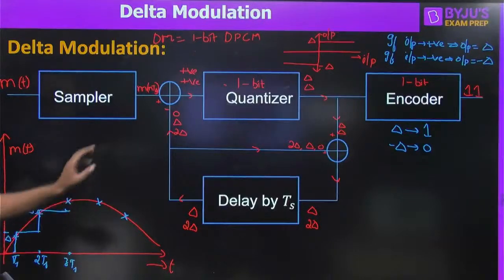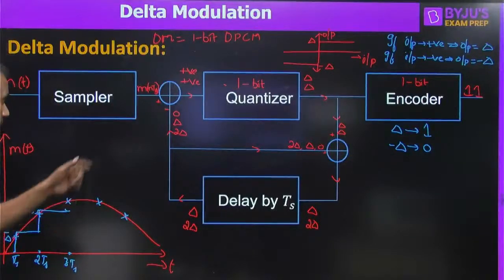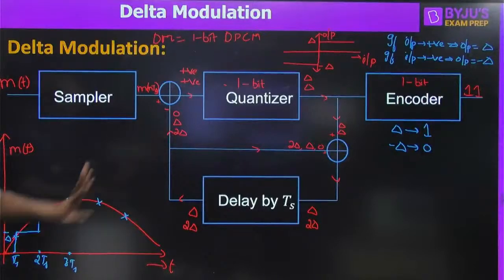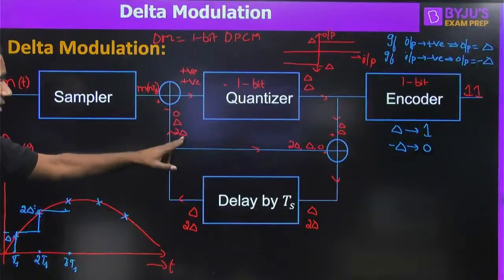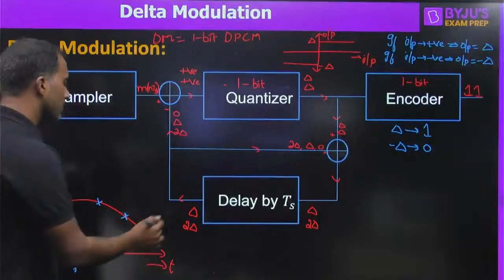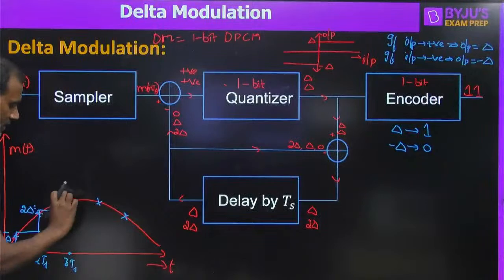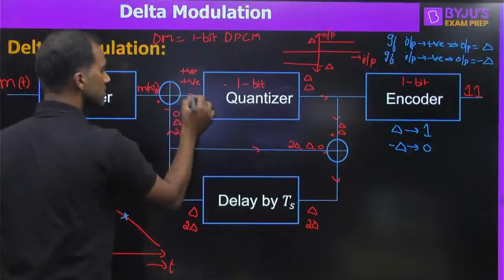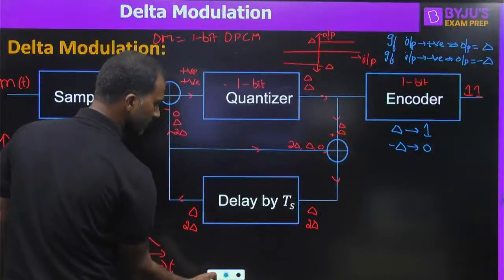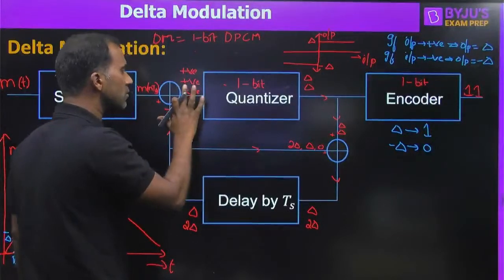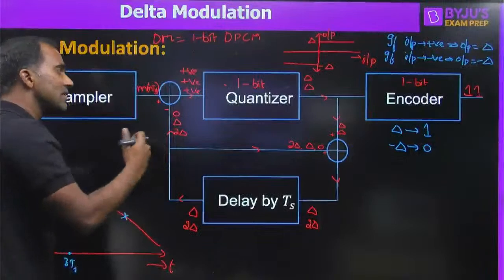Now, third sample here and 2 delta here, which is greater. Third sample is greater than 2 delta. So the difference will be this minus 2 delta, the difference is positive. So here it will be positive value, positive difference. We don't need to know exact value, we just need to know whether it is positive or negative.